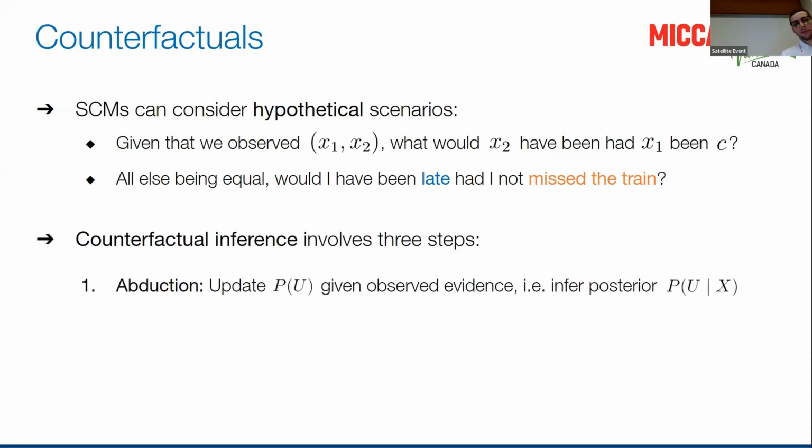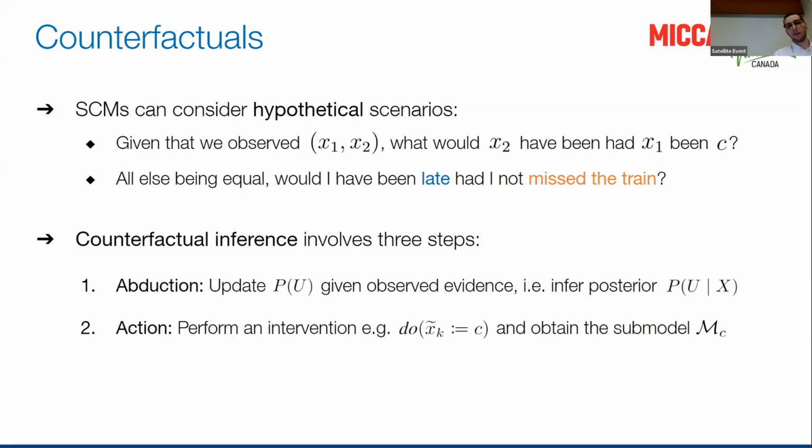Okay, so how do we perform counterfactual inference? There are a couple of ways, but there's one way that involves 3 steps. The first step is called abduction. We want to update our distribution over the exogenous noise given some observed evidence. So we're essentially inferring the posterior P of U given X, which encodes the current state of the world that is compatible with the observed variables X. The second step is called action.